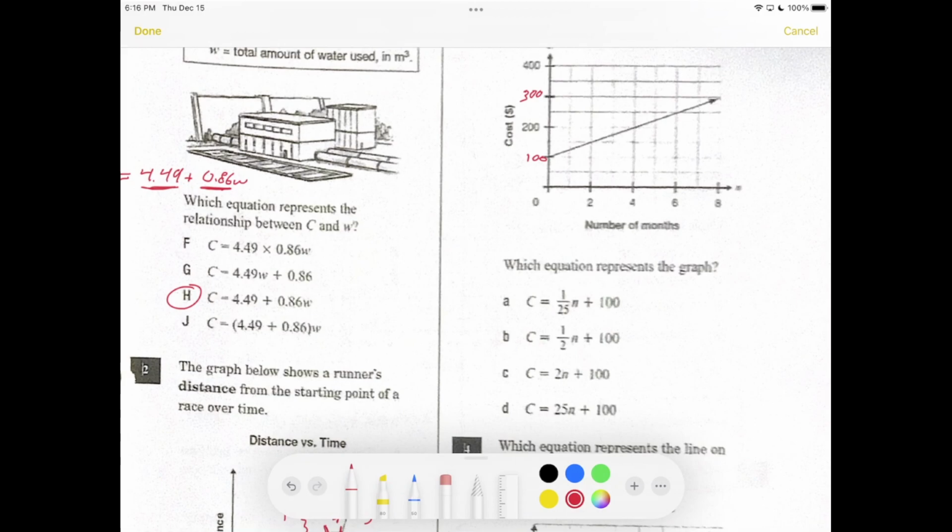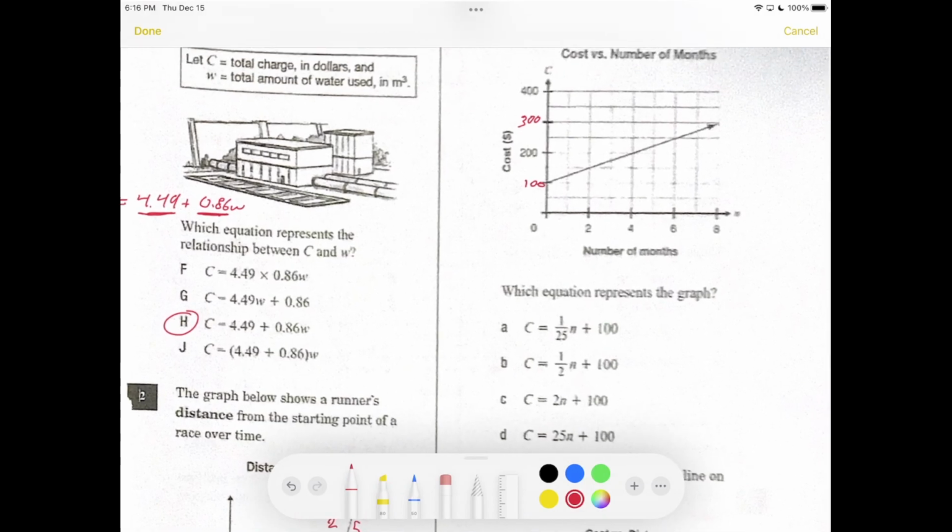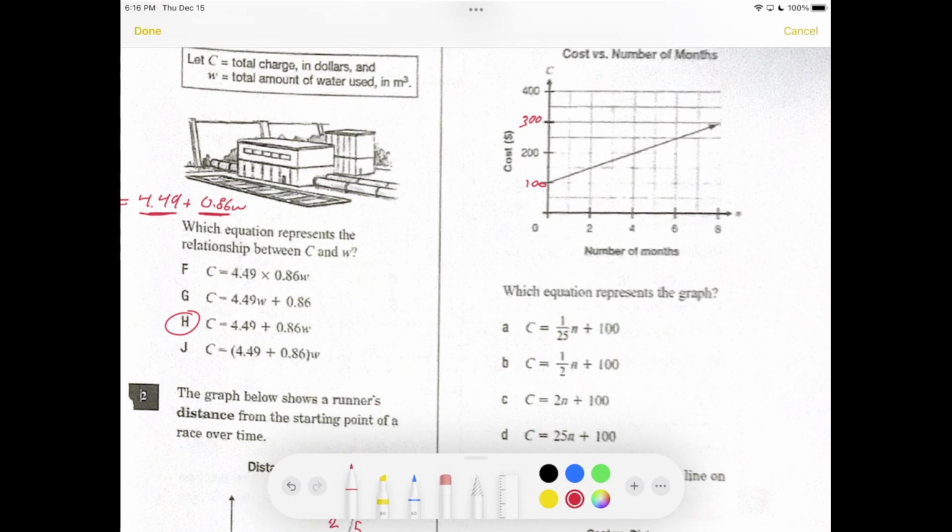And we also know that for every 2 months, as you can see, it's going up by 50. So if in 2 months it goes up by $50, how much would it go up by in 1 month?